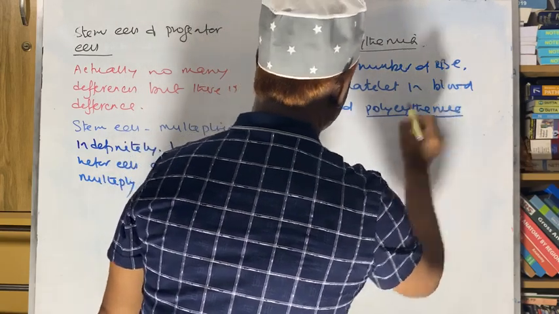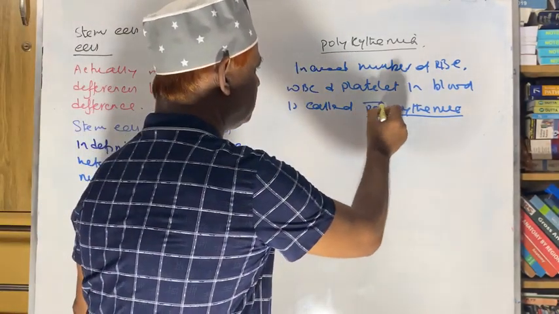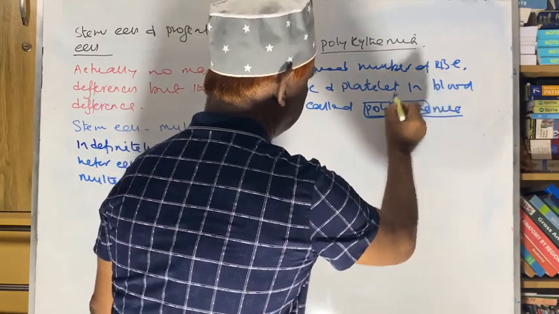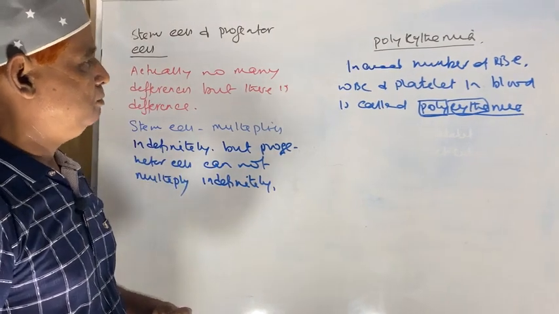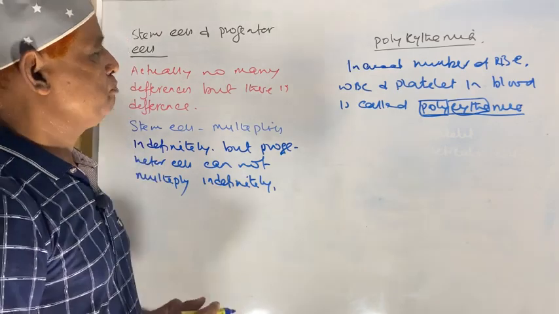Dear audience, in polycythemia there is poly, which means many, cyte means cell. So increased number of RBC, WBC and platelet in blood is called polycythemia.